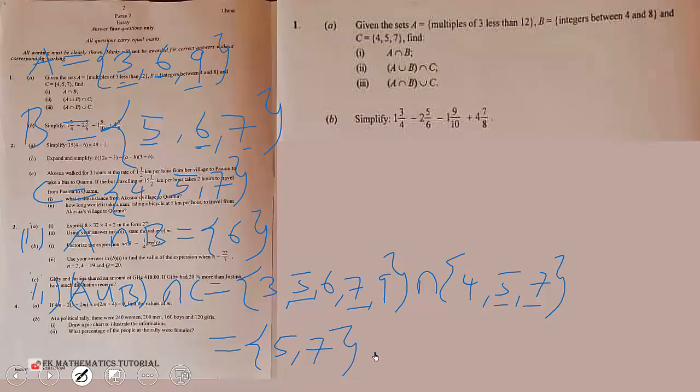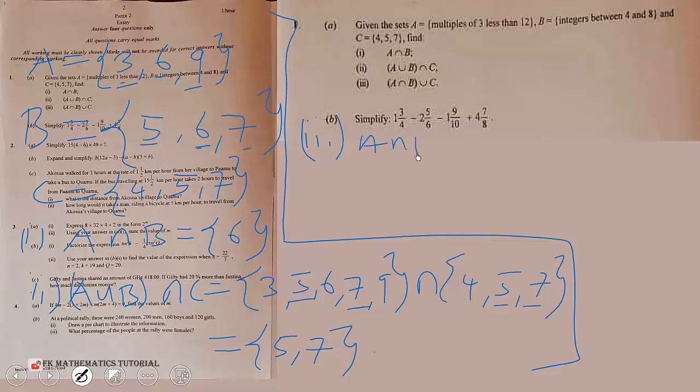Then the third part. It says that we should find A intersection B union C. Elements in A intersection B or C or both. So A intersection B, we found it to be 6.